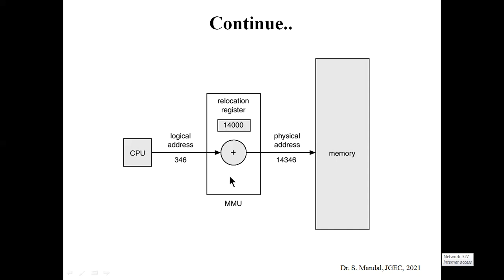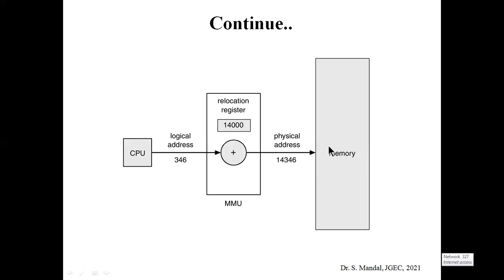Now, what should be done? We need to add this relocation register to the logical address. Ultimately, the output of the MMU is 14346, and this denotes the actual memory address in the main memory.